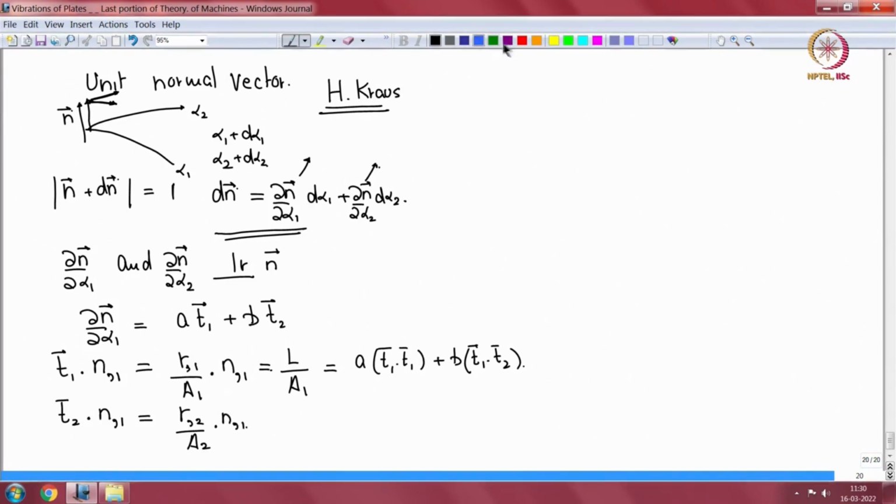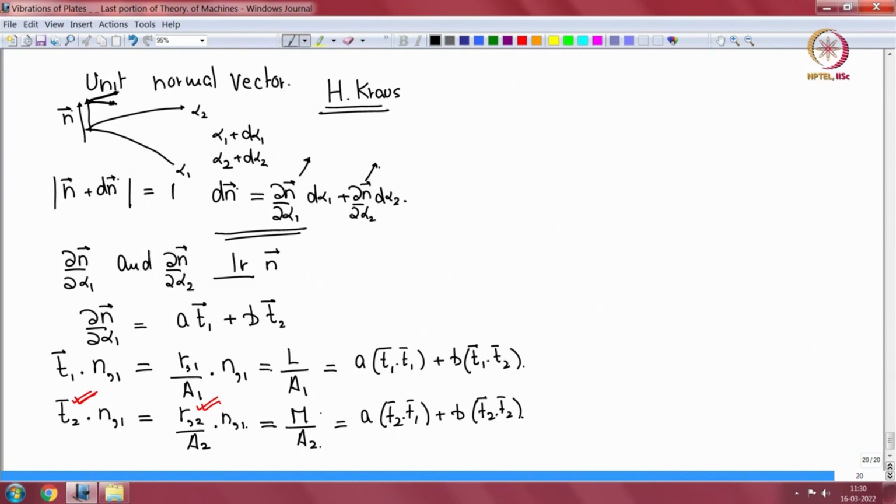If you remember, T2 is del r del alpha 2 divided by magnitude, which is A2. That's what is written over here. Then this is equal to a part of M from our second fundamental form A2, which is equal to A times T2 bar dotted with T1 bar plus B times T2 bar dotted with T2 bar.